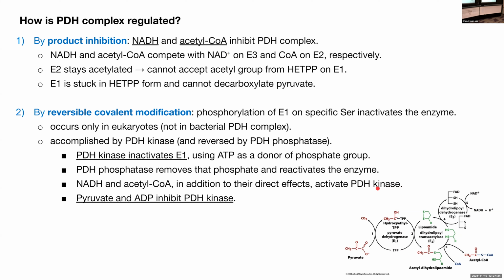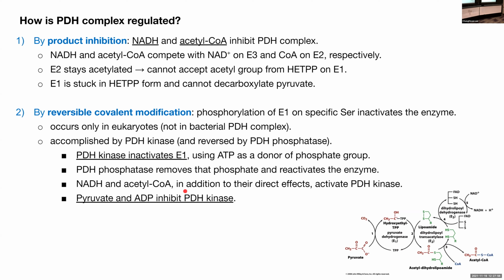And again, NADH and acetyl-CoA are the products of this PDH complex, right? So there are a lot of them there already. So you want to slow down. In which case, these products can activate the PDH kinase, which will inactivate the E1 of the PDH complex.